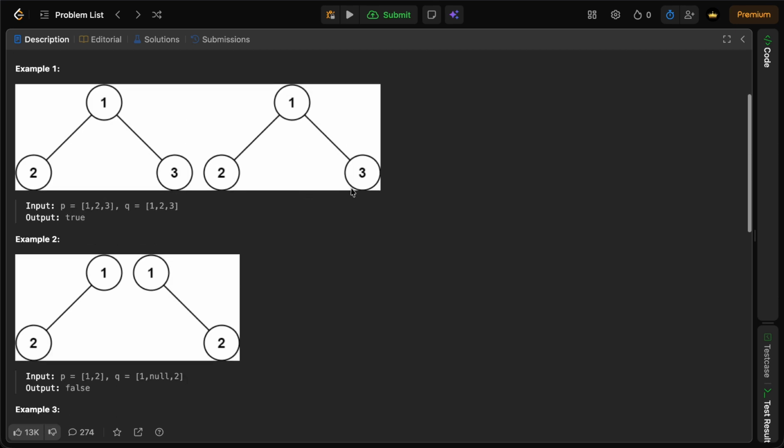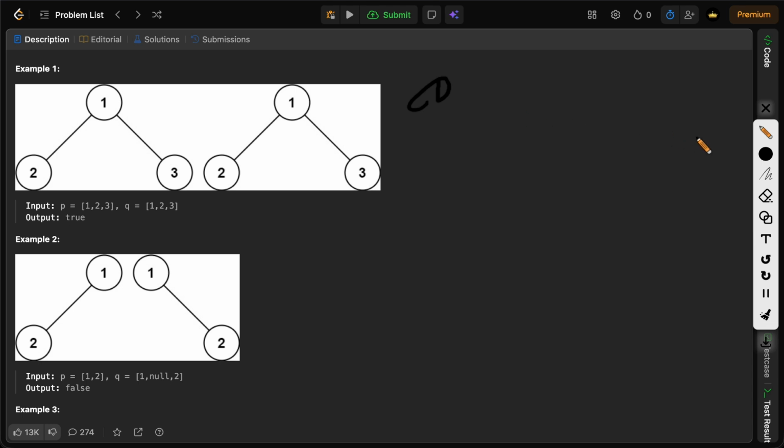So the first brute force approach which comes to our mind is that we create two functions, one for each tree, for traversing. We will consider pre-order traversal. Pre-order traversal is like first we go to the left side, then root, then right side.